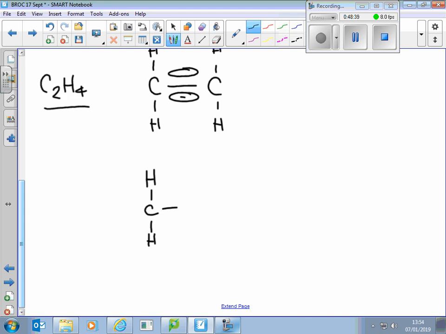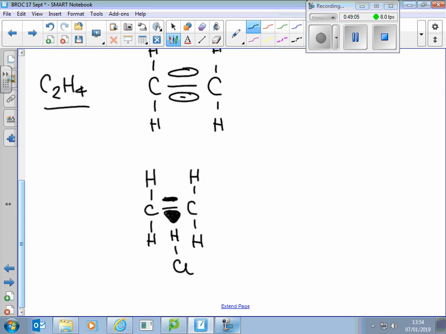What you have happening, I was trying to do this without giving too much away, is really hard. You end up with the electron density being increased. If it's approaching like that, do you see how that happens? The electrons in the pi bond here, all right, here's our electrons.